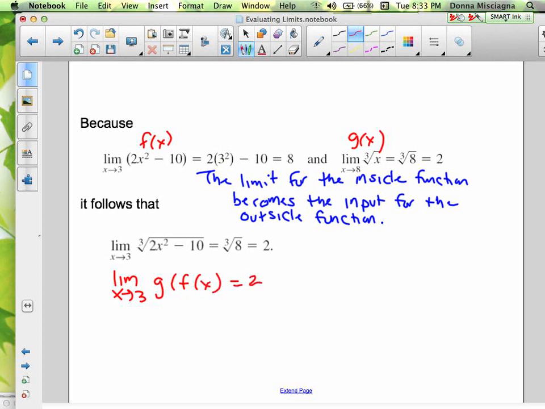That's because our outside function is continuous at the limit of our inside function. So this will be true all the time. You can break it up, or you can put it together again as a composite function.